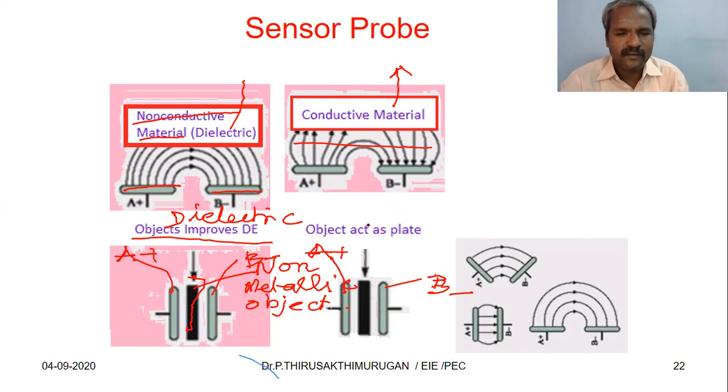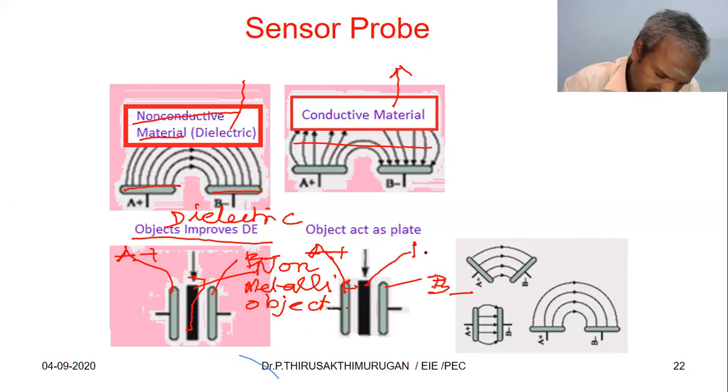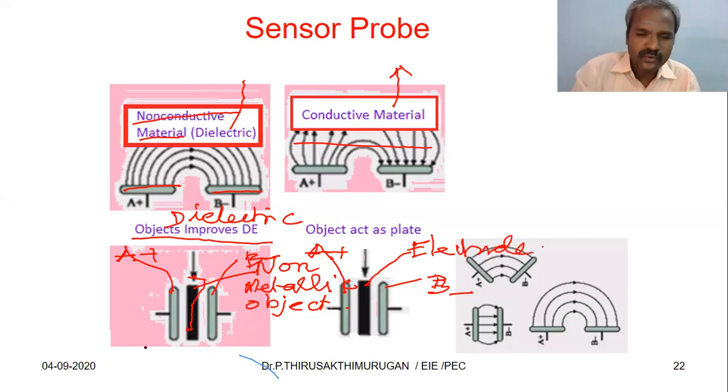Same probe, but with the conductive material approaching the probe. So what happened? This center is nothing but another metal plate. It acts as an electrode.